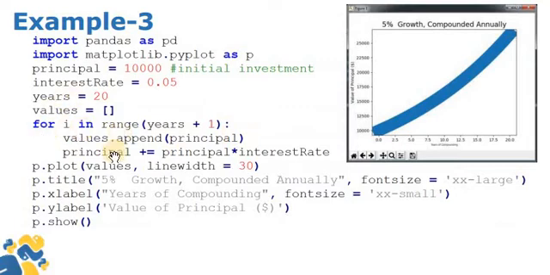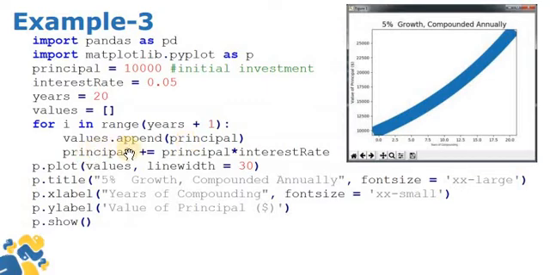In the for loop, one by one we are finding the values of the principal, and we have to store them in the variable values. Here the values variable has been declared as a list. For the first year the principal is the same. Now what is the formula for the next year?